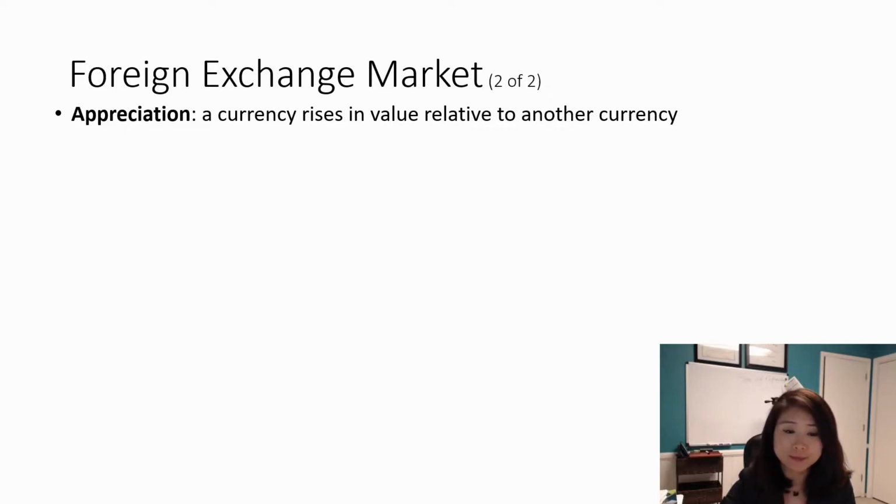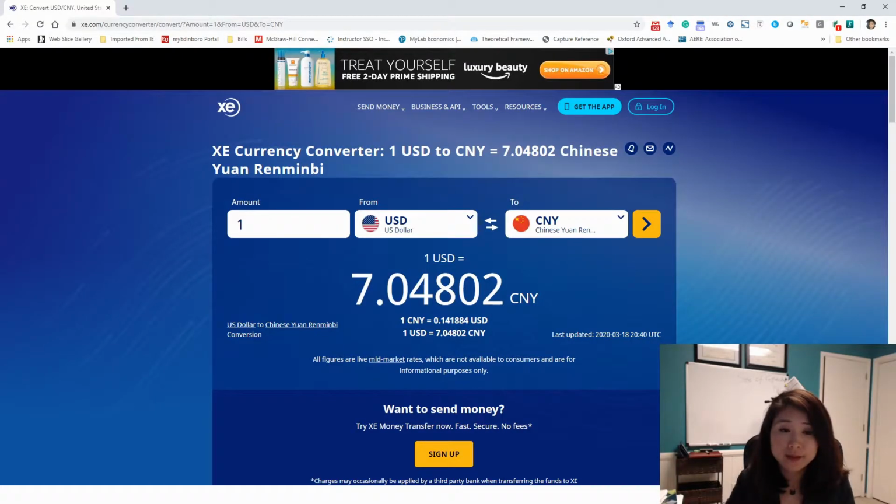For instance, let's go back to this example again. Currently, $1 equals 7 Chinese yuan. Let's say last month this number was not 7, it was 6.5, which means $1 equaled 6.5 Chinese yuan. After a month, $1 equals 7 yuan.